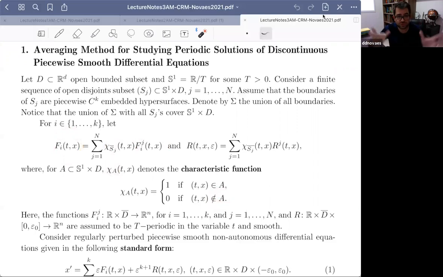I'm decomposing the domain into subsets, and in each one of these subsets I consider a distinct function in order to define this F_i.